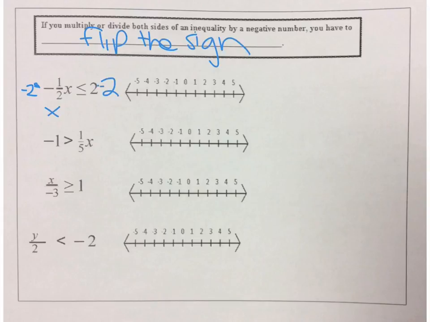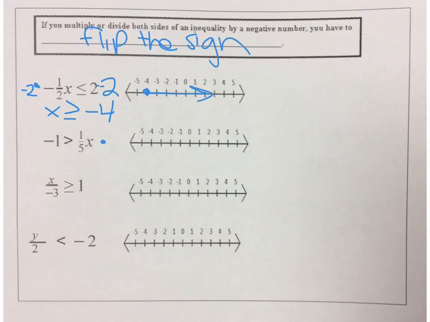So we have x, and then we have negative 4. But we're going to flip the sign because we multiplied by a negative. So we're going to have a closed circle because it has an equal to sign. Oops, I'm sorry, that's going to be a negative. Let's change that one real quick. So it should be a negative 4, and it's pointing to the right.